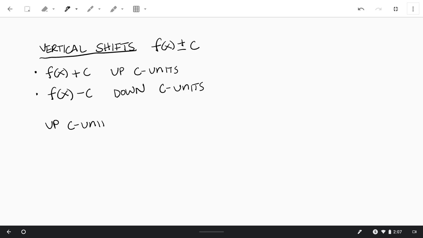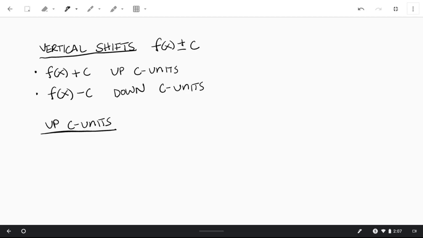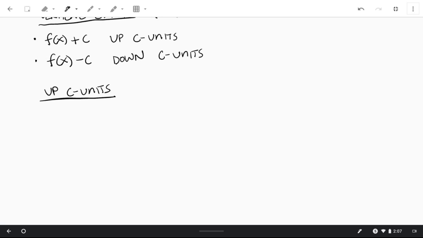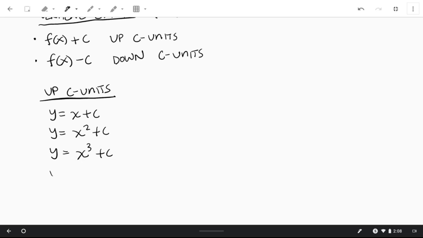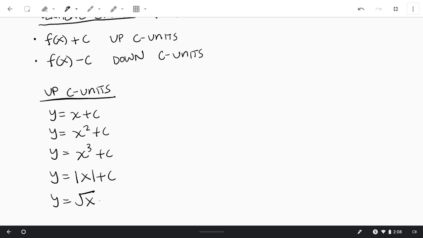Let's take a look. If I take each of those functions, we would have x plus c, or maybe x squared plus c, or x cubed plus c, or absolute value plus c, or square root of x plus c. All of these would take those parent graphs and shift them up c units.